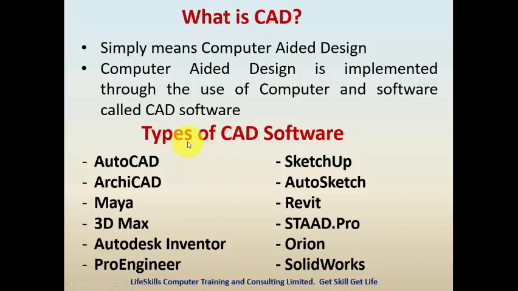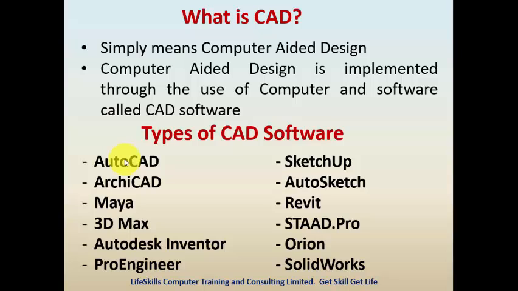Now let's talk about types of CAD software. We have AutoCAD, that is number one. AutoCAD is a CAD software for almost every discipline. We have AutoCAD electrical, AutoCAD civil, AutoCAD surveying, AutoCAD mechanical, and AutoCAD for virtually every discipline. Then we have AutoCAD.